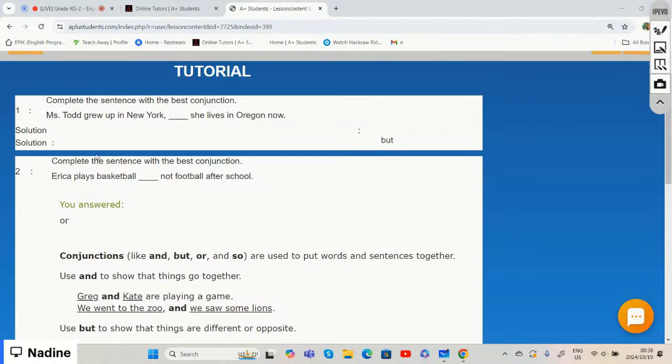It says Erica plays basketball. If we are going to show contrast. So Erica plays basketball, we use and to show that things go together.